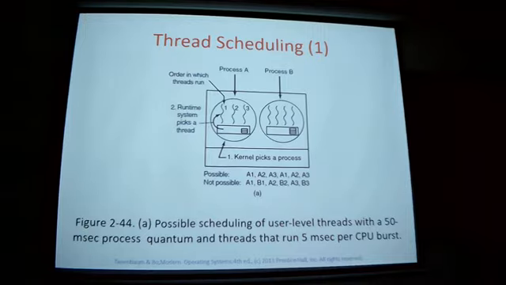So process A manages its own threads. It's the runtime system. We have the runtime system just pick a thread, managing the threads. And there are three threads, maybe thread 1.